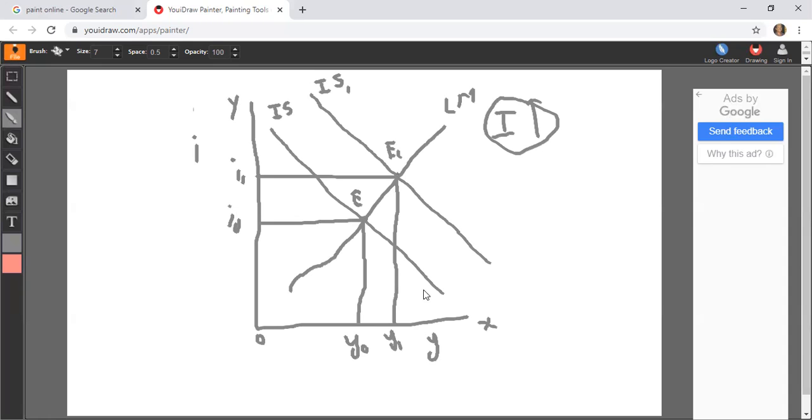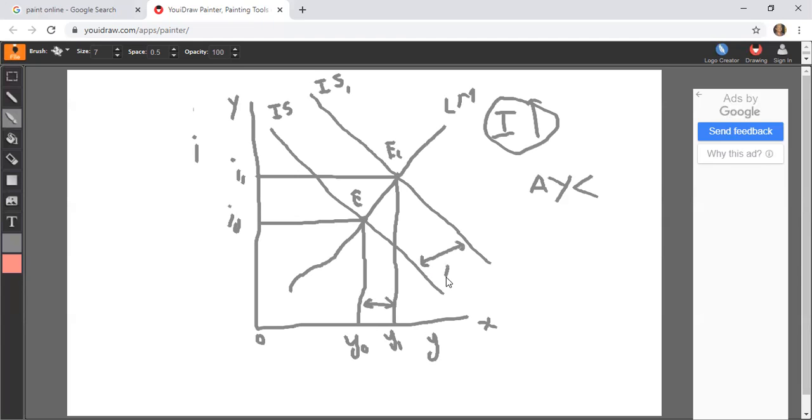Now I am going to show you an important result of this explanation. If you closely look at this figure, you can find one thing: this change in income, which I label as delta Y, is much less compared to this change in investment.